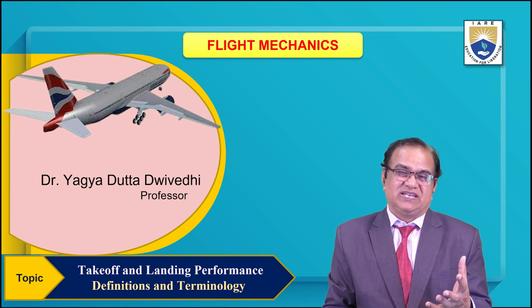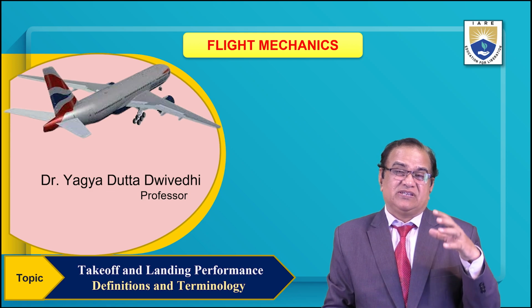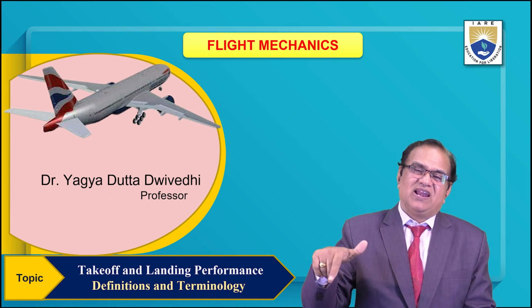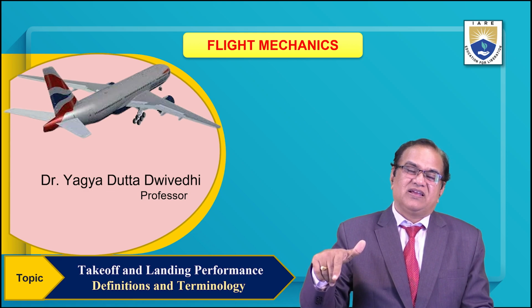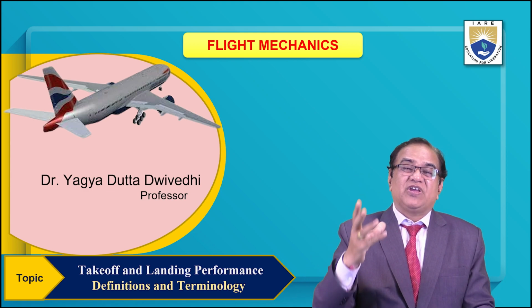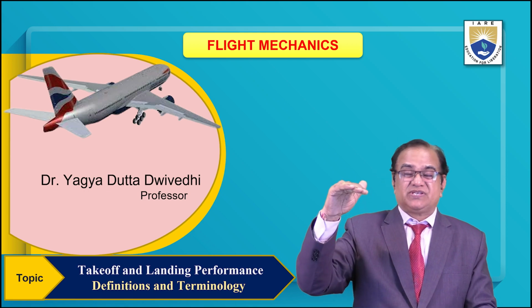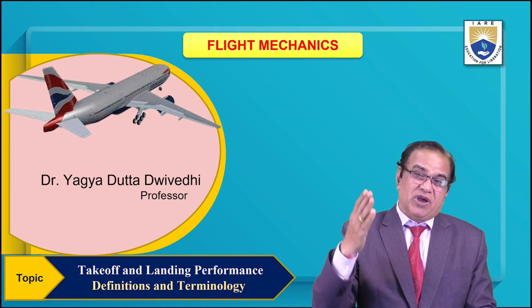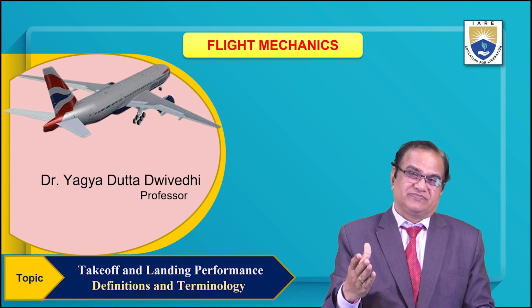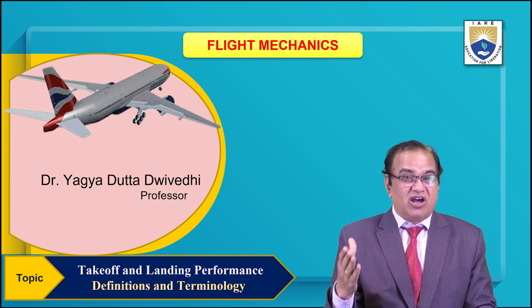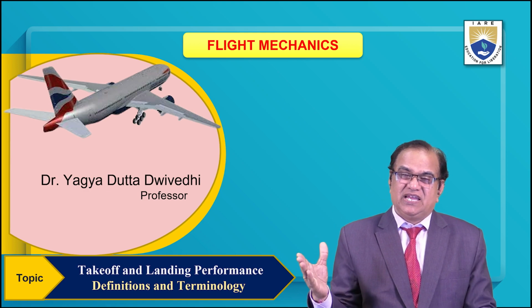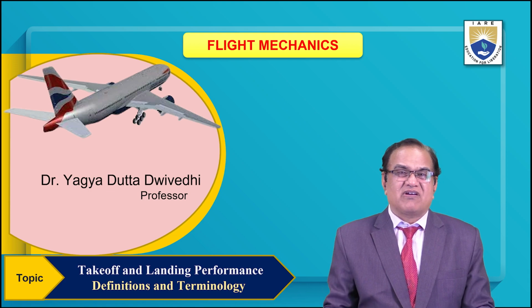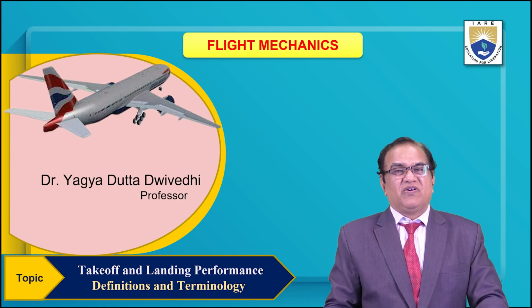Then load factor, radius, time, angle of travel. In the V-n diagram, we have seen the aerodynamic lines, structural lines, maneuvering point, stall point, stall speed, VNE, never exceed speed. All these things we have covered in Module 4.